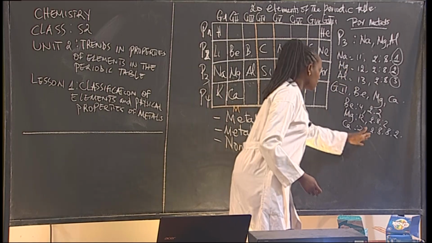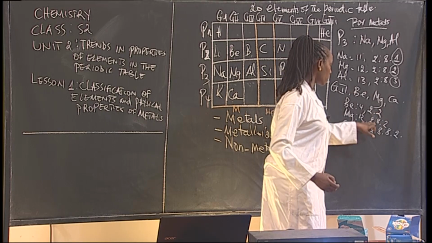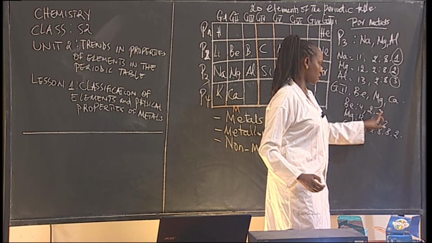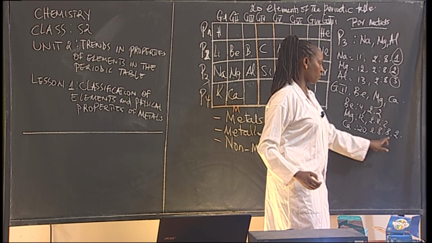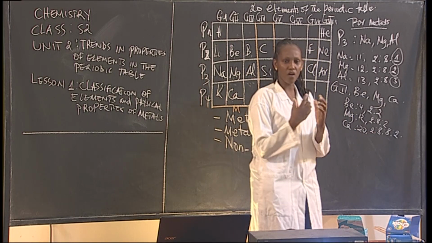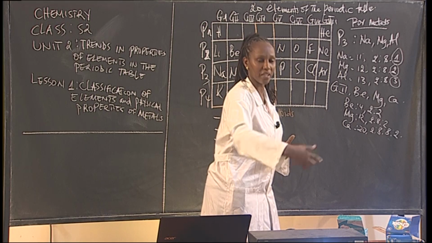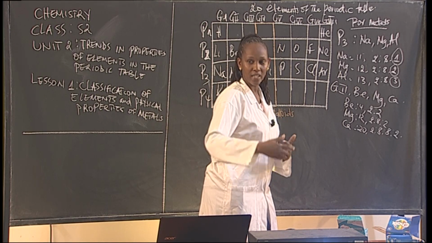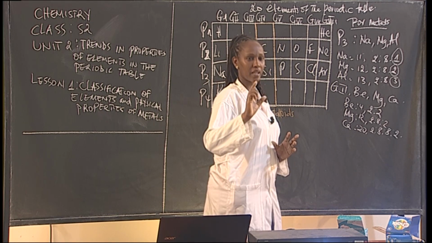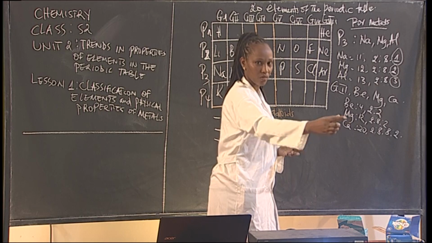as you move down a group, the number of shells goes on increasing. We have 2 shells here, 3 shells, and 4 shells. So the number of shells increases. So as the number of shells increases, there is an increase in what we call atomic radius. What is atomic radius? Atomic radius is the distance from the nucleus to the outermost shell.